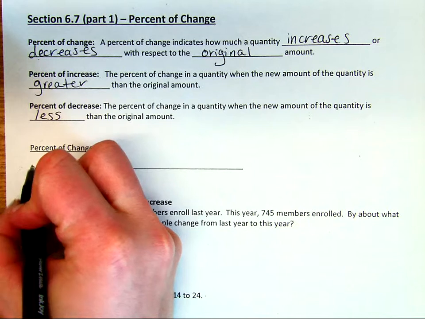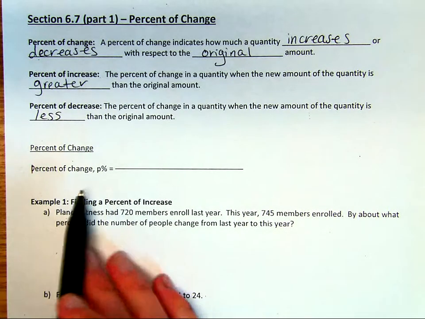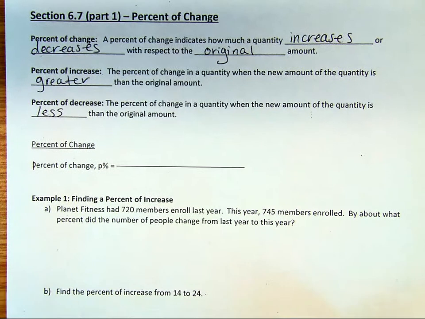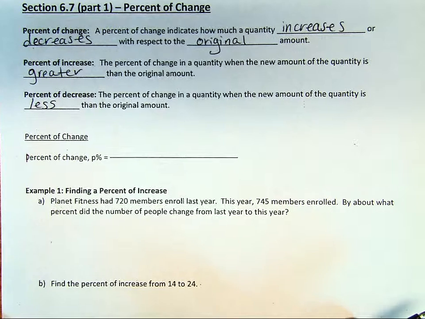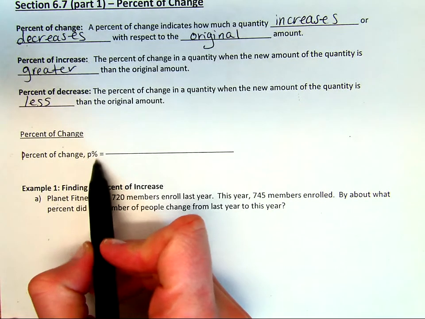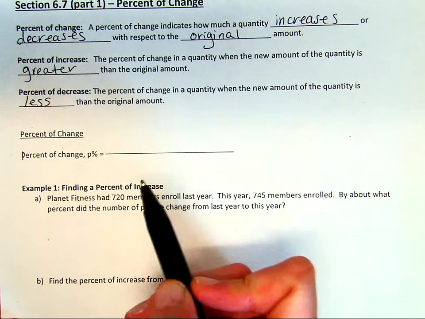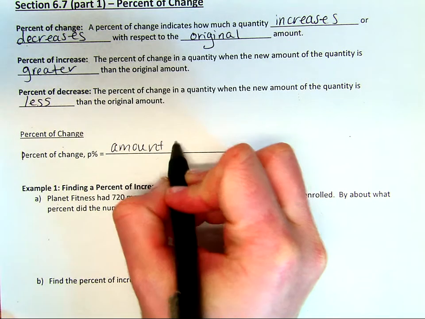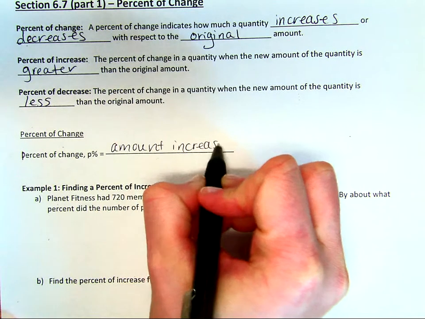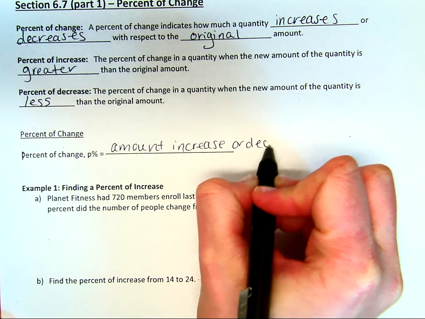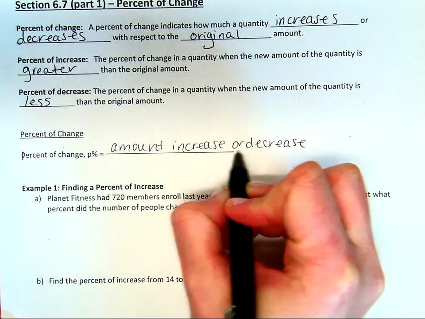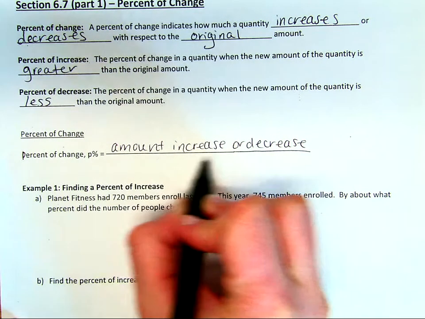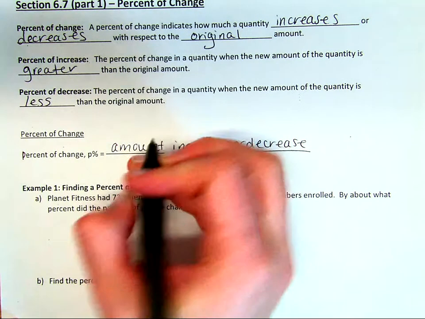So what is the formula then for percent of change? How do we figure out how much exactly something is going up or down? So the percent of change, we'll call it P, is equal to the amount of increase or decrease divided by, that's what this fraction bar means, the original amount.